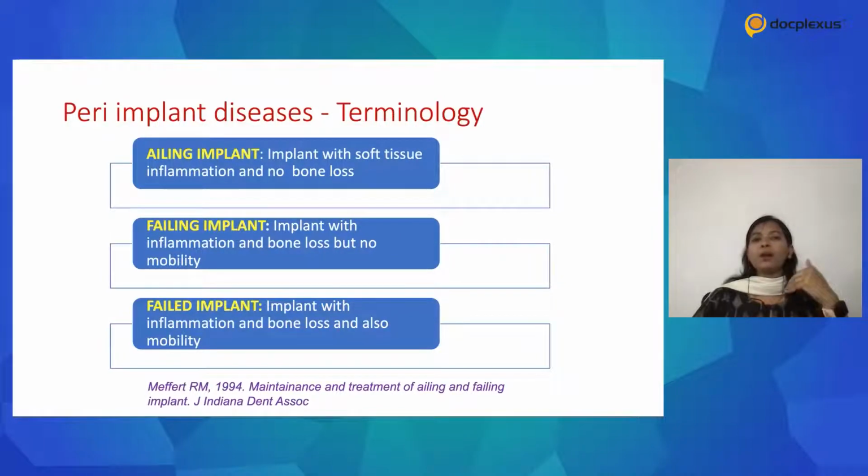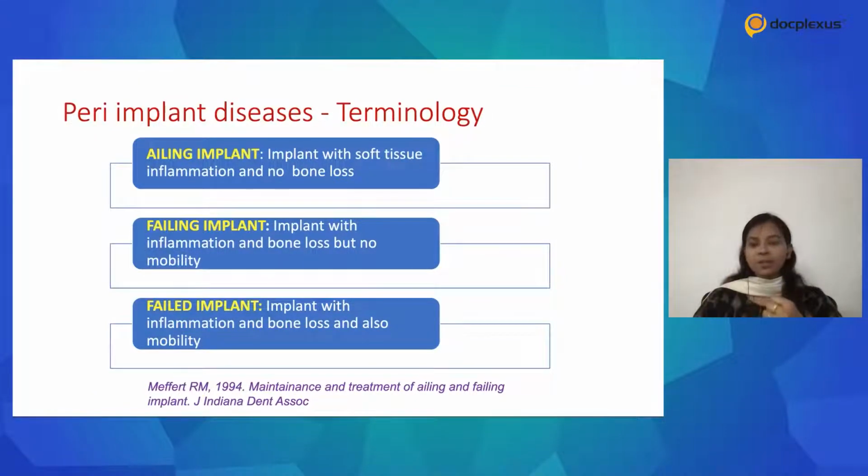An ailing implant is one where there is soft tissue inflammation, no bone loss and no mobility. A failing implant is one where there is soft tissue inflammation and also bone loss, but there is no mobility. A failed implant is one in which there are all the three.